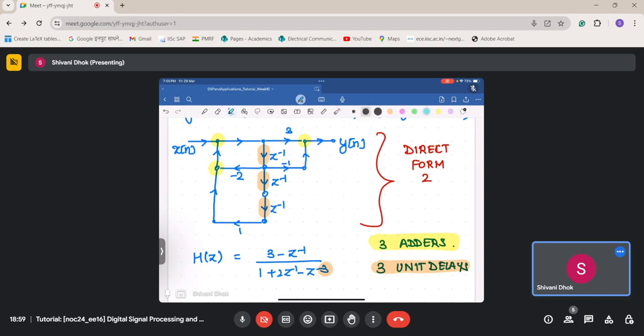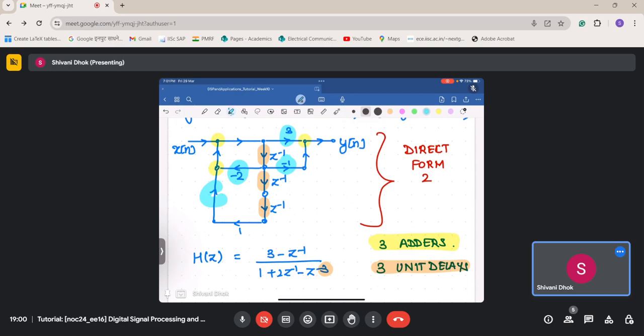So this we should count. Then we have a branch here, again its weight is 1. Here also we have a branch, its weight is 1. Then here we have a branch, its weight is minus 2, so we should count it. Then here we have a branch whose weight is minus 1, so again we should count it. It's not a unit weight, it has a negative sign. We need to consider it.